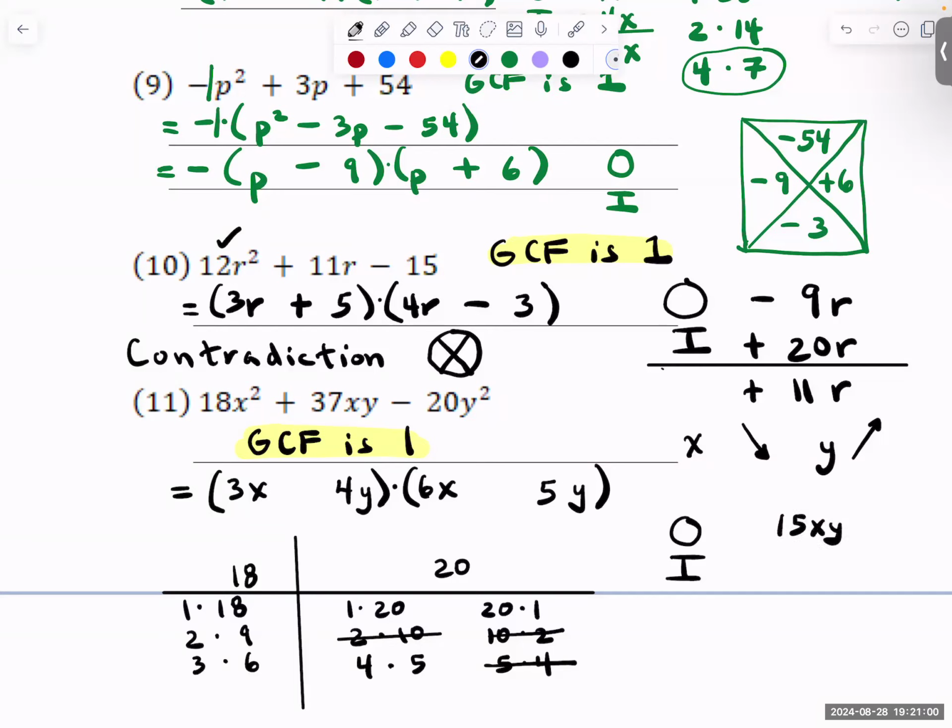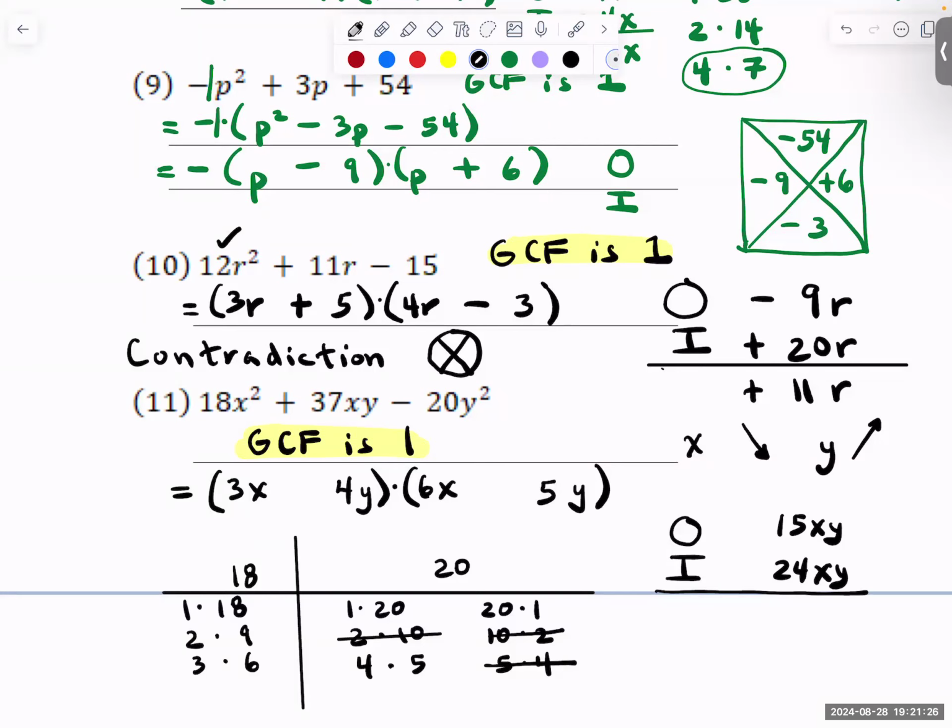Inner product 4 times 6 is 24xy. Now, we could add 15 and 24. That would make 39, but that's not the correct middle term of 37. So that won't work. And we can't switch 4 and 5 because we already crossed off 5 and 4. So that's not going to work.